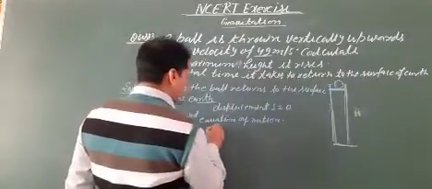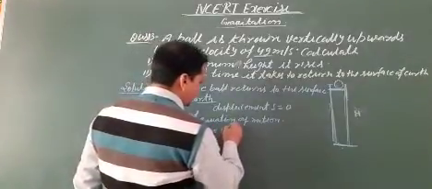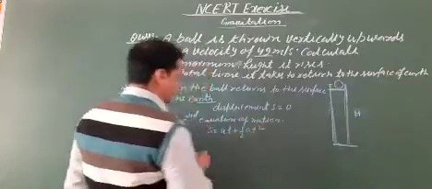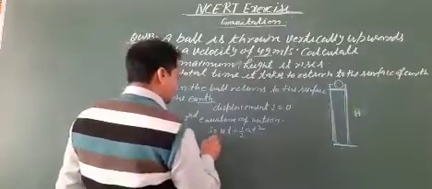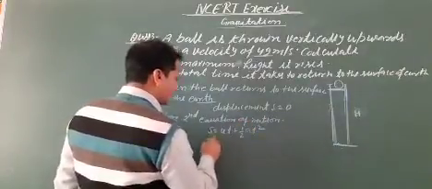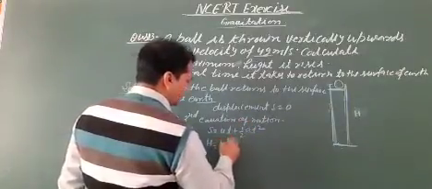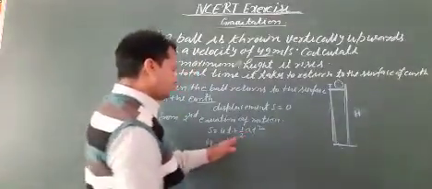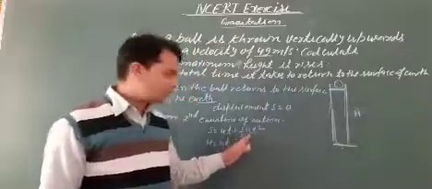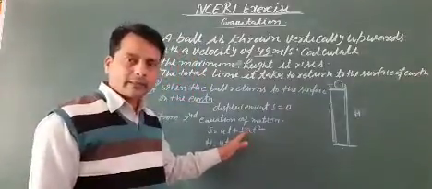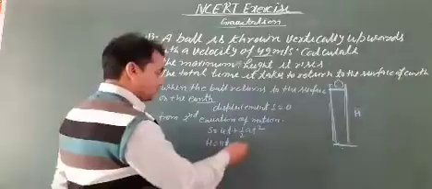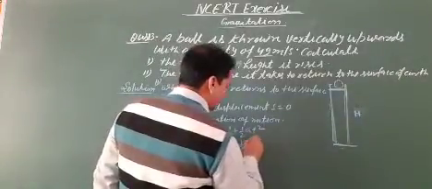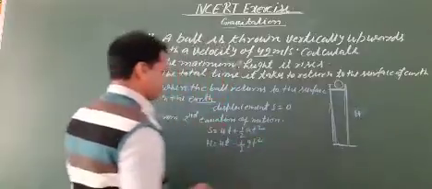Then here the height, the displacement, h equal to ut plus half at square, and in the place of acceleration we put the acceleration due to gravity. So ut minus half gt square.